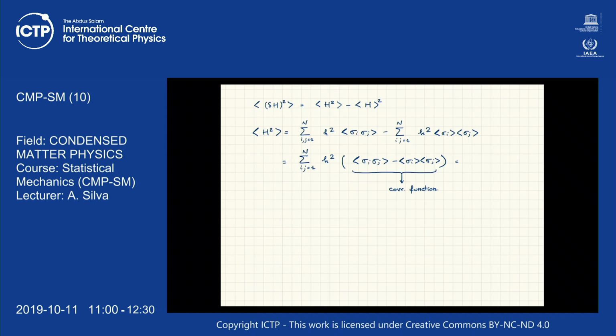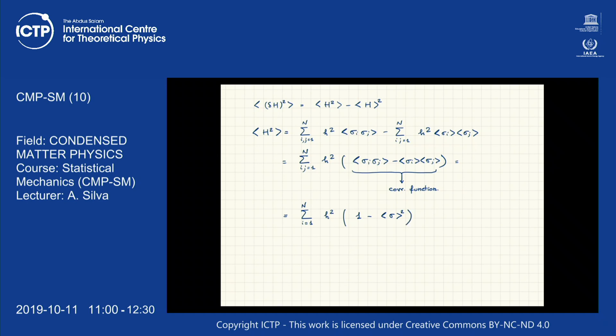Alright. So this is going to be equal to the sum for i equal to 1 to n of h squared, and then you're going to have sigma_i squared, which is equal to 1. So 1 minus the average of sigma_i, the average of sigma squared.